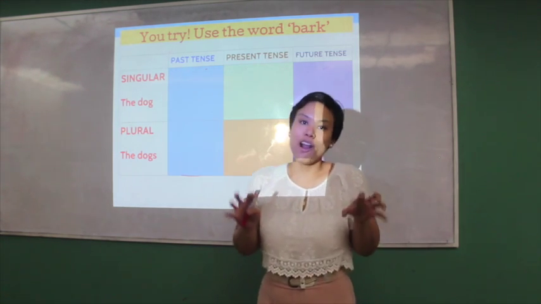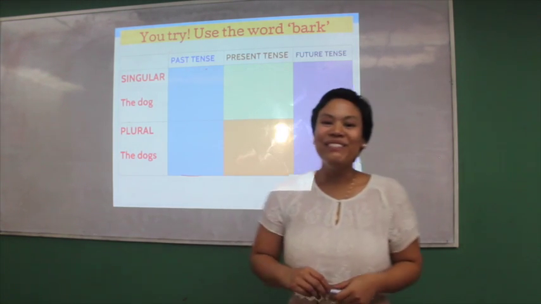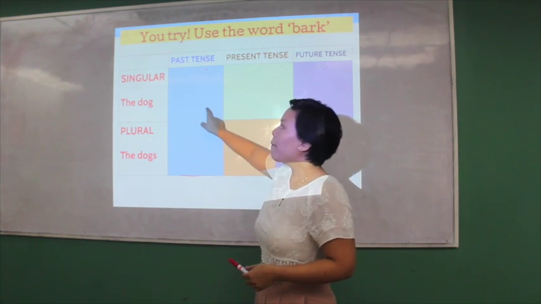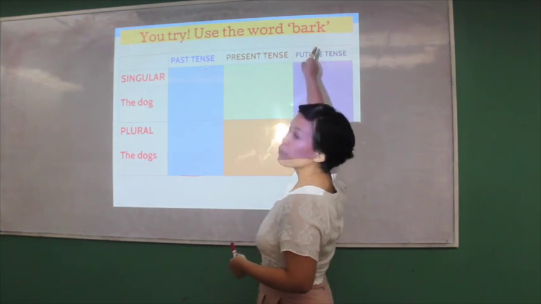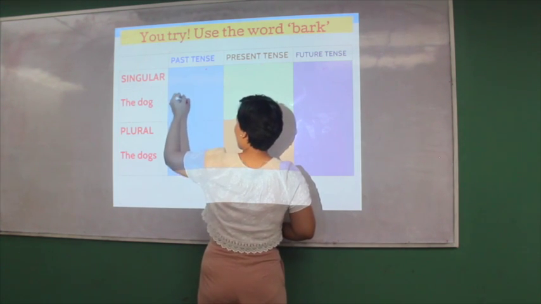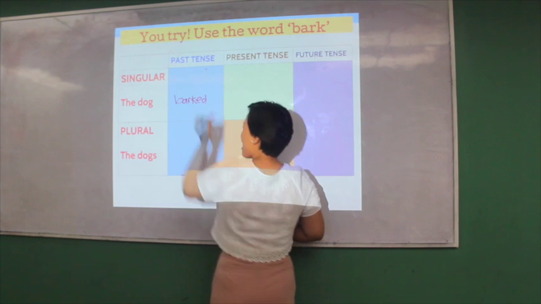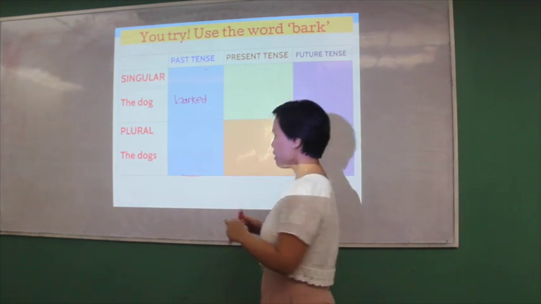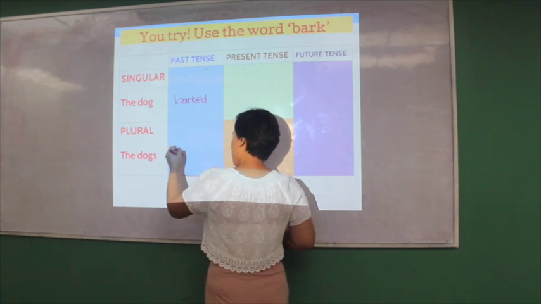So, in other words, arf, arf, or woof. That's our actual word. So, what is the past tense of the word bark? It is barked. And is it the same for plural or is it different? Yeah, it's actually the same.